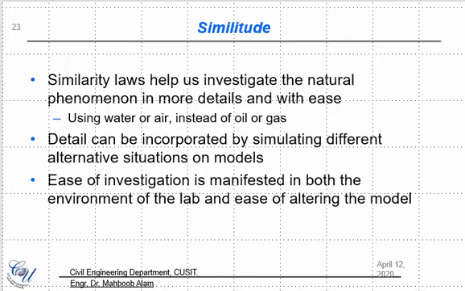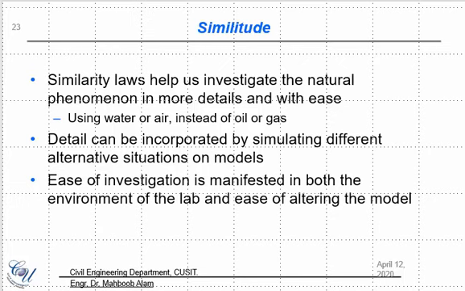Of course, the advantage is that you cannot do, as I said earlier, all kinds of experiment on the prototype. It's not practically possible to do that. Another thing is that in the labs you have a controlled environment. You can control the temperature, you can control, let's say, the air speed, or you can control the density of certain fluids. So you have more control in the lab instead of doing the things actually in the field.